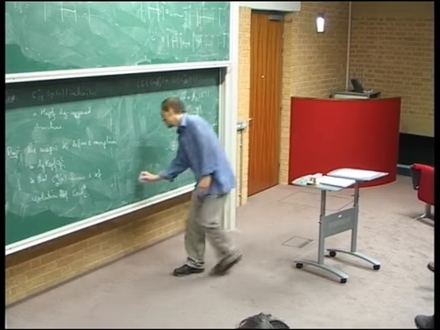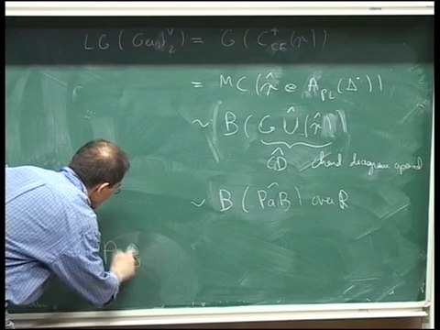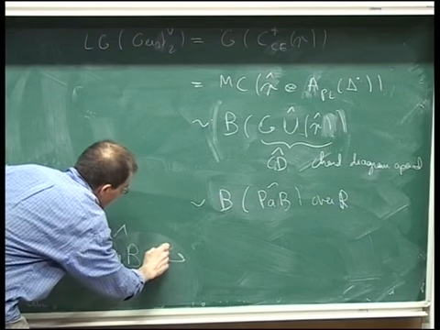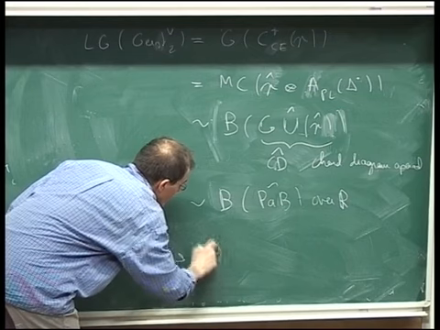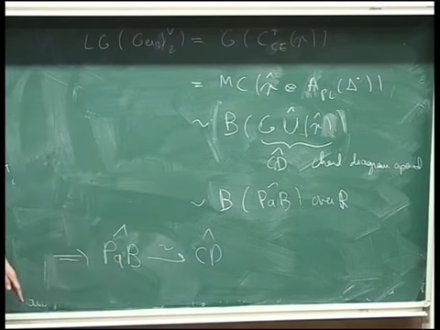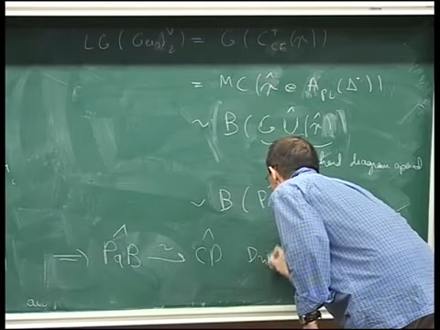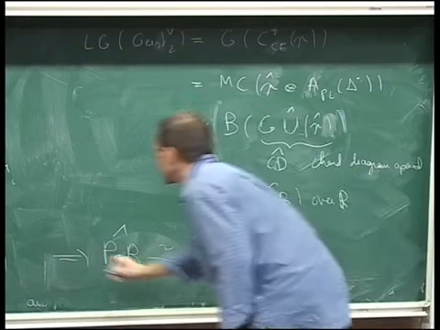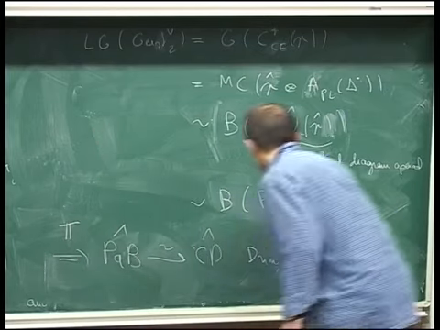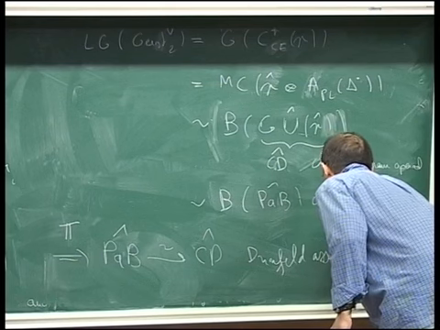Okay, so you can retrieve the existence of associators by applying fundamental groupoids. So these maps here, the operad morphisms here, are just Grothendieck-Teichmuller associators. Okay. So this is like the hardest proof.